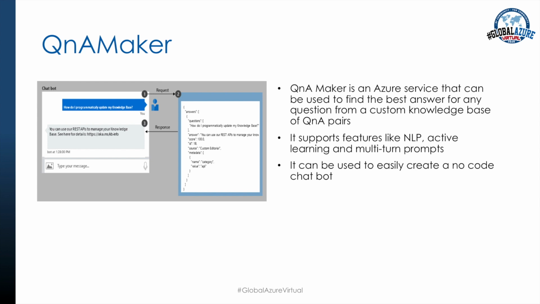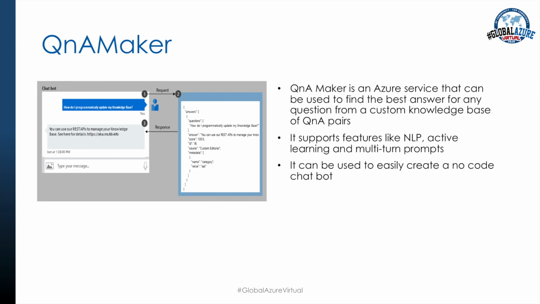And there is also the active learning feature, which is a way to further enhance your knowledge base in such a way that the service itself suggests alternate questions for any question. This is done so that even if the users are asking multiple questions that are quite similar, even then the service returns the same answer.